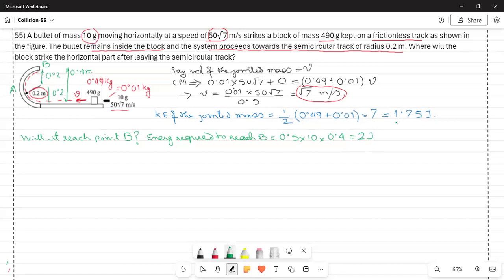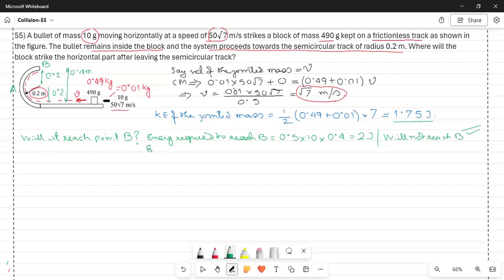But its energy is 1.75 joule. So it will not reach B. This is one conclusion.